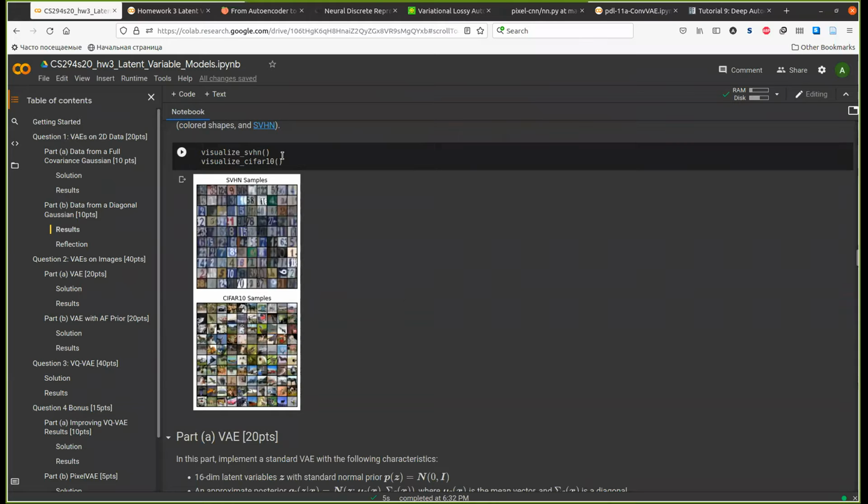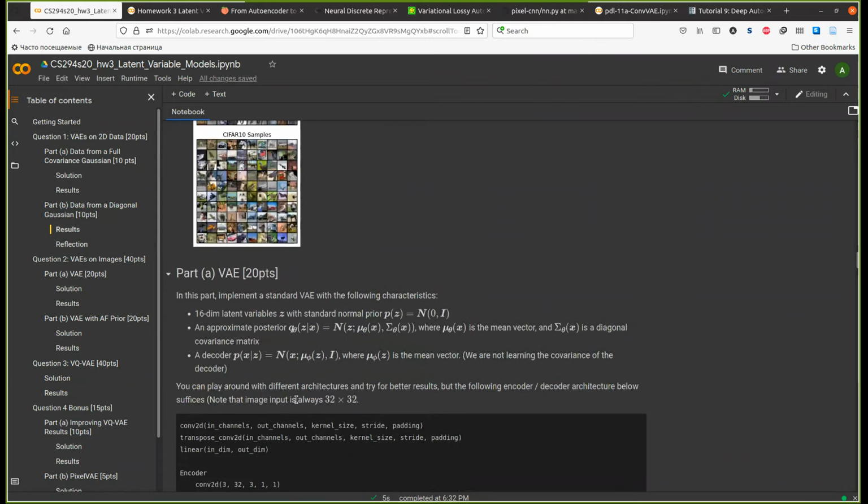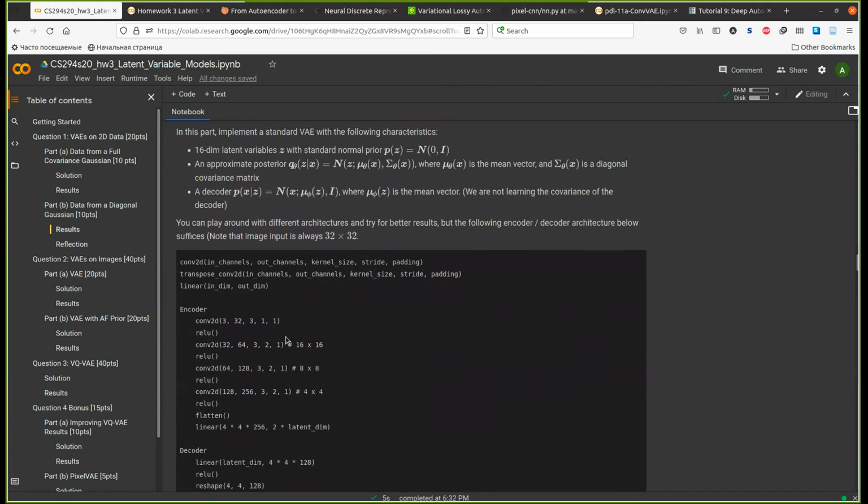We are going to model two datasets with images: the SVHN dataset and the CIFAR dataset. We will construct a convolutional variational autoencoder here.